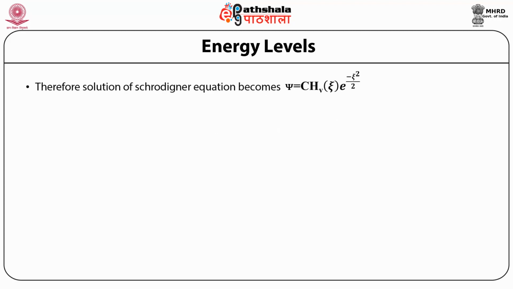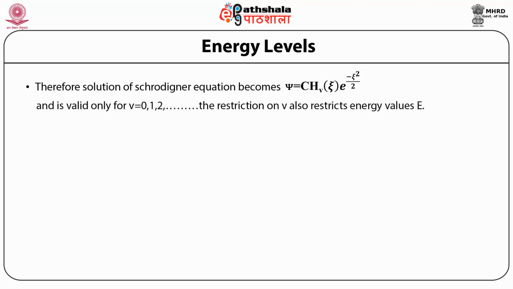Therefore, the solution of the Schrodinger equation becomes ψ = C H_ν(ξ) e^(−ξ²/2), and is valid only for the values of ν = 0, 1, 2 and so on.